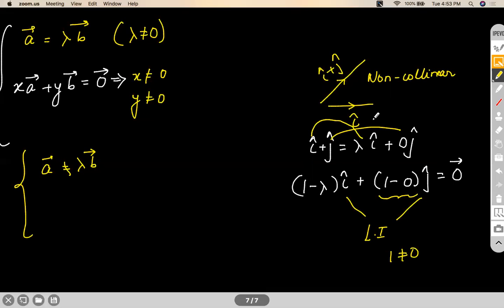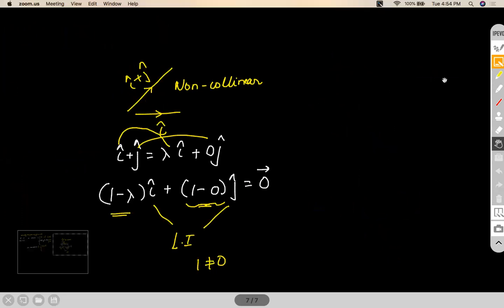That was the hidden story which nobody told you. You just compared it blindly. The reason behind comparing i with i and j with j is that i and j were linearly independent, or non-collinear, and hence by the non-collinearity theorem their coefficients should individually be 0. So here also, you will get lambda as 1, but you will get 1 as 0, which is not possible.